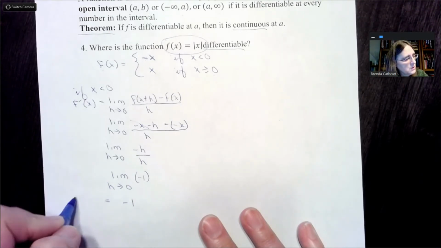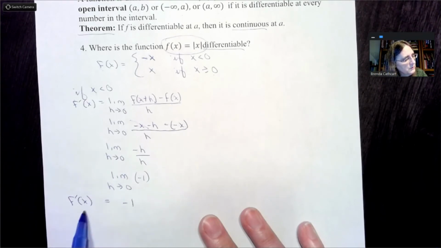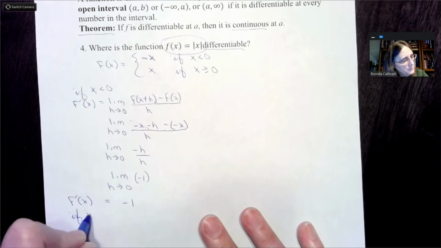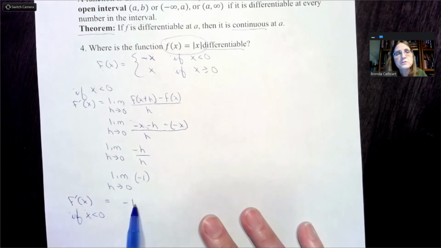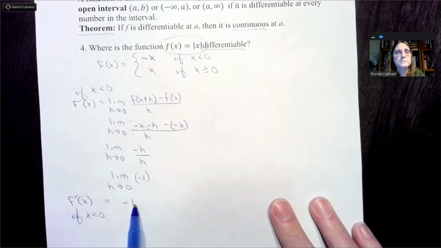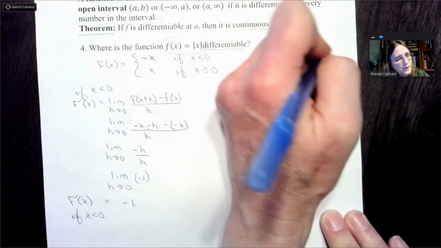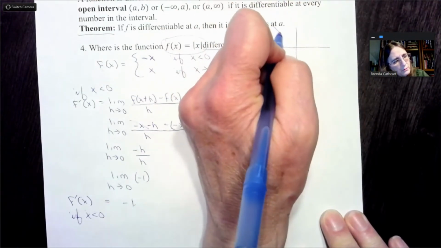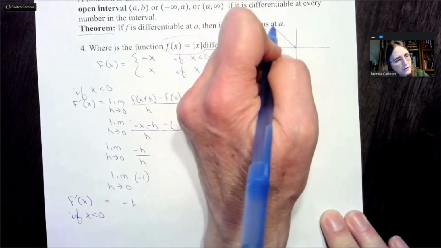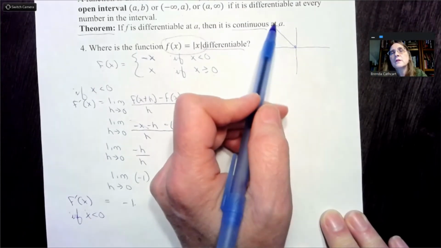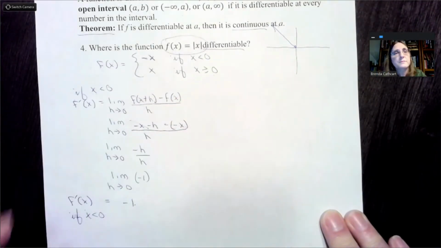So for our first rule, our derivative at x, if x is less than 0, is equal to the constant negative 1. Now that should make sense, because as we look at our absolute value function, on our left side we have a linear piece, and the slope of this line on the left side is negative 1.